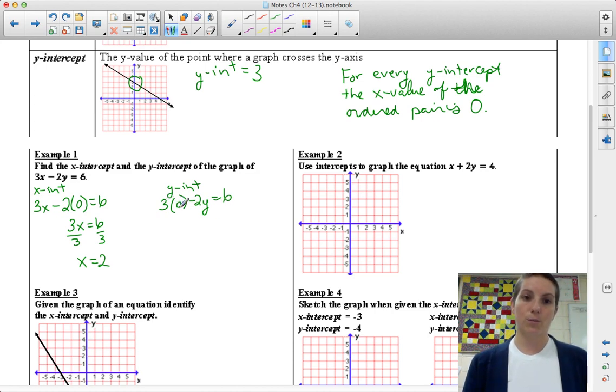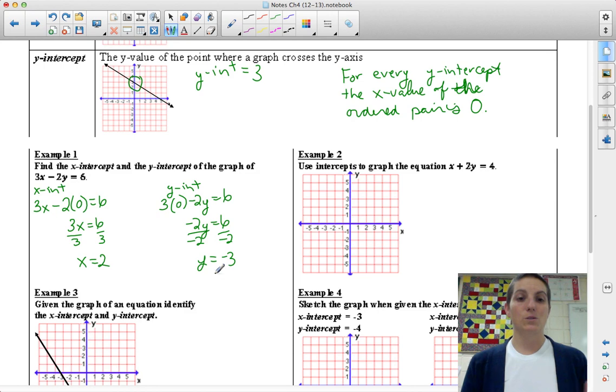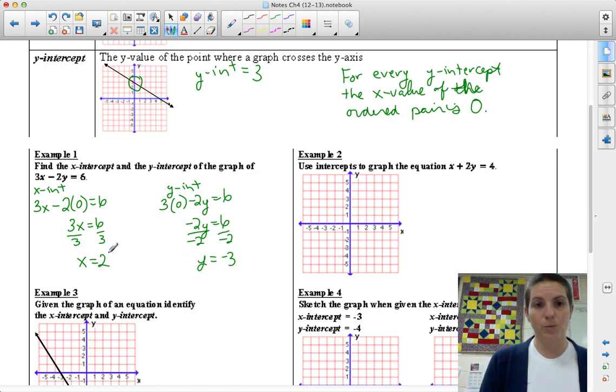We now have 3 times 0, 0, minus 2y, so -2y is equal to 6. It's a one-step equation. Divide both sides by -2. Y is equal to -3. So we could just be asked algebraically to find those two pieces, x-intercept, y-intercept.